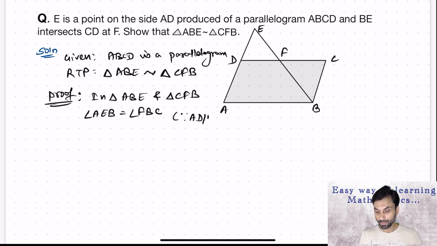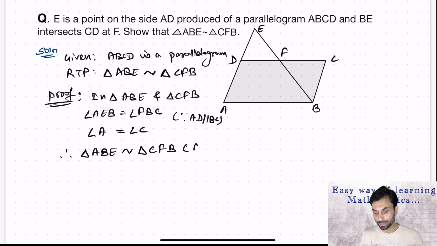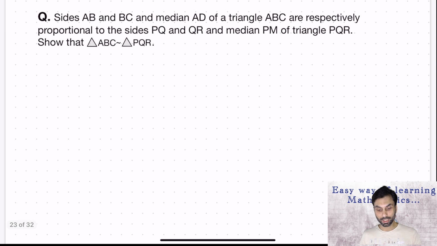Also, angle A will be equal to angle C, as opposite angles of a parallelogram are equal. So therefore, triangle ABE is similar to triangle CFB by AA criteria.